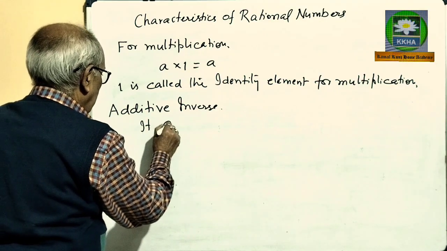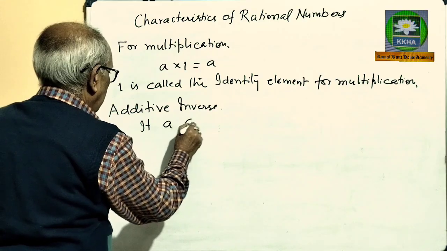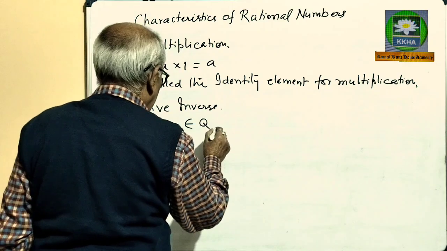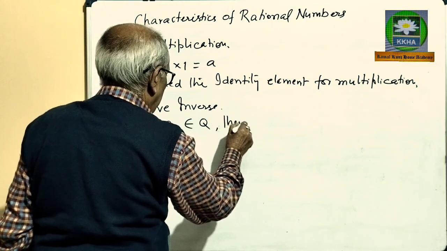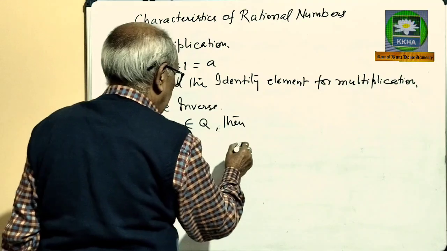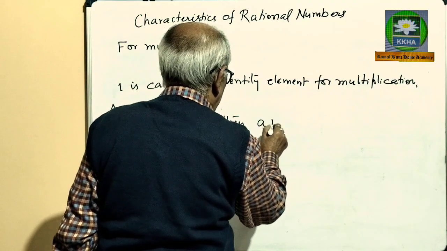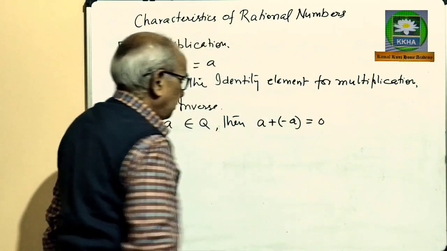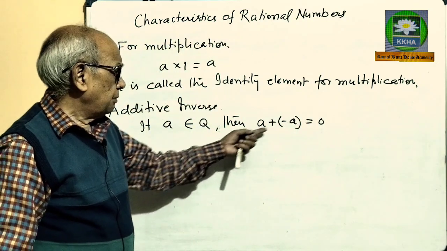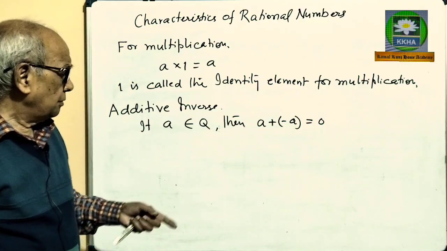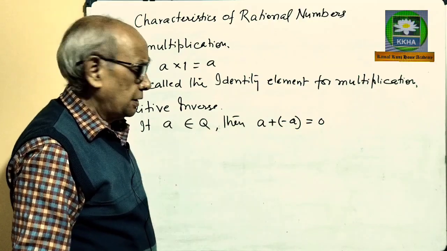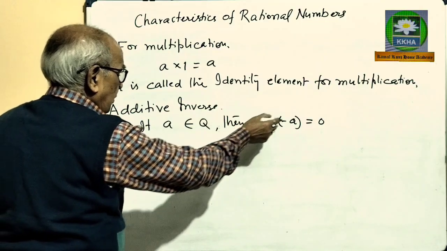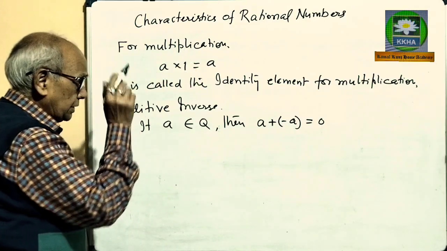If A is any rational number, A belongs to Q, then A plus minus A is equal to 0. It means A and minus A are additive inverses of each other. Minus A is the additive inverse of A and A is the additive inverse of minus A.